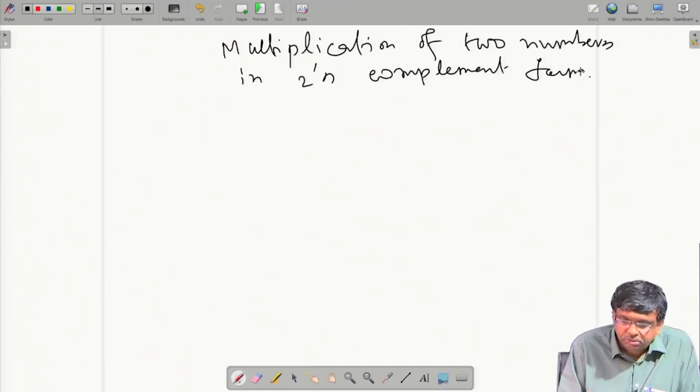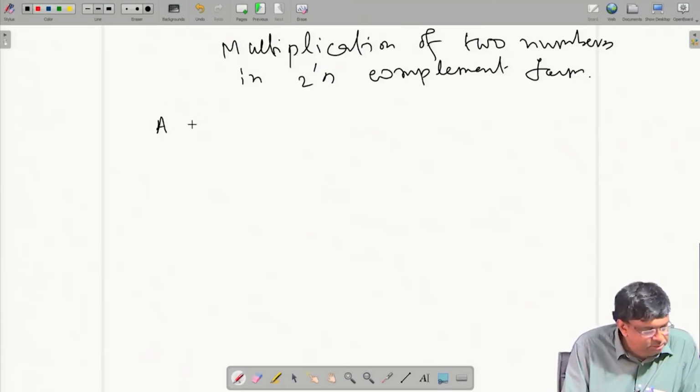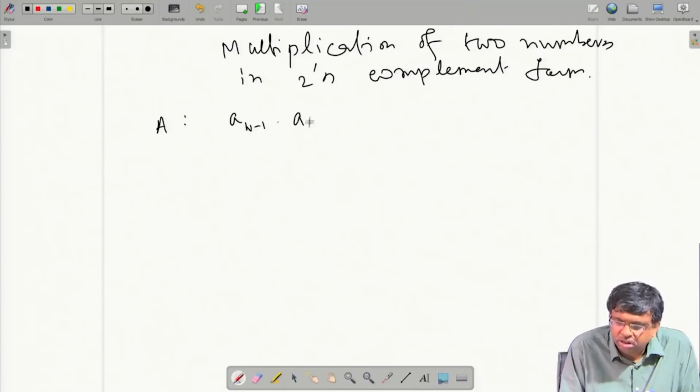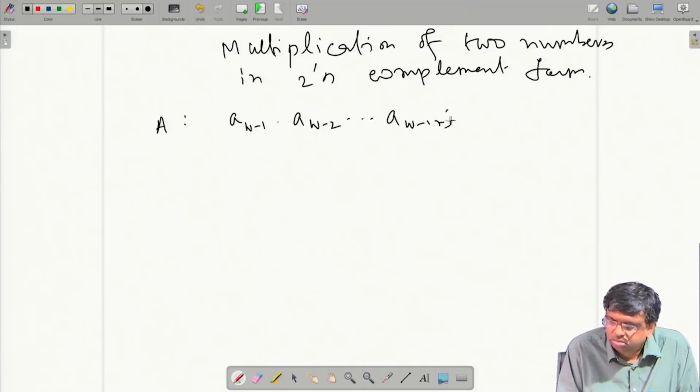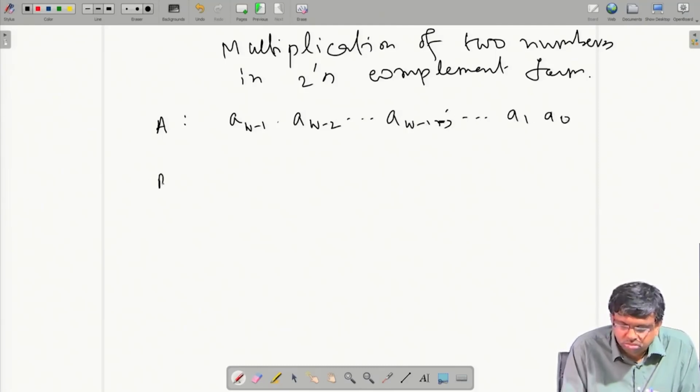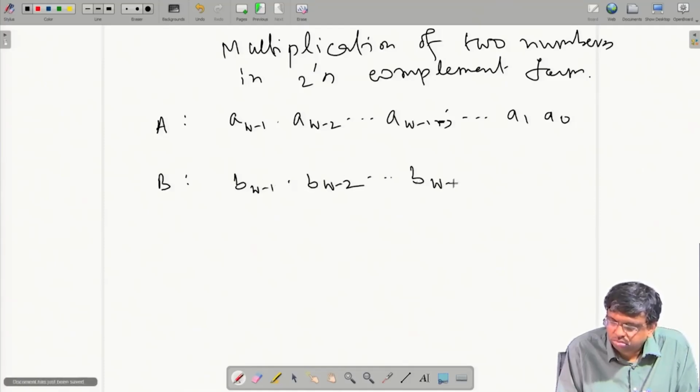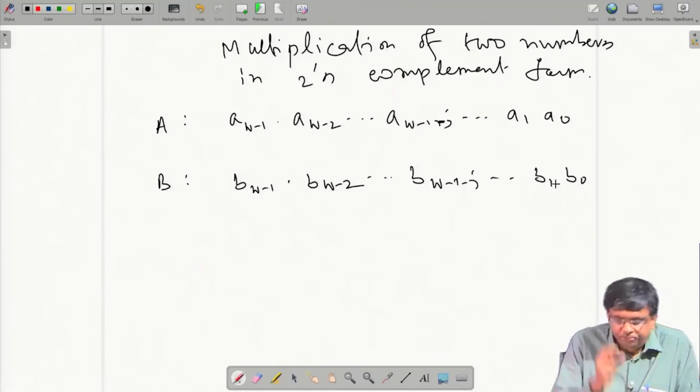Suppose you are given A, which is a(w-1) dot a(w-2) and so on.